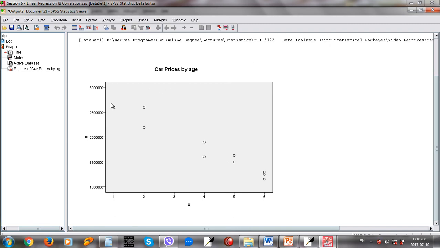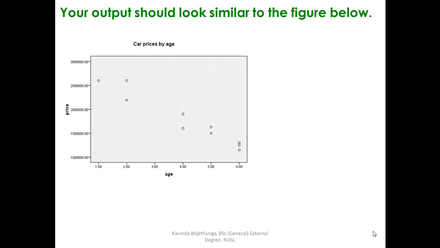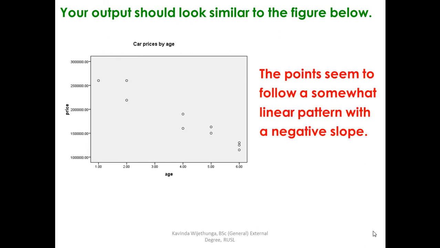If you carefully observe this, you can see the linear relationship between the independent variable and dependent variable. So it means we can do the linear regression, because this shows a linear relationship between two variables, right? This is our output. The points seem to follow a somewhat linear pattern with a negative slope.